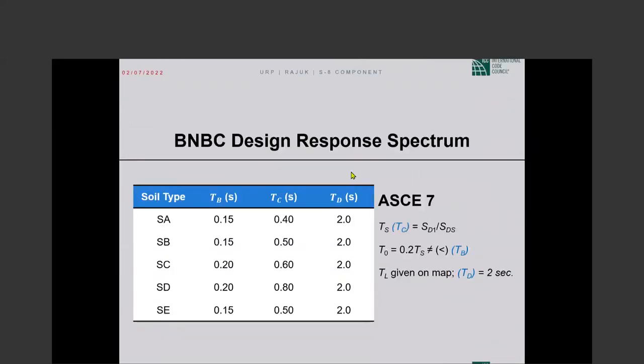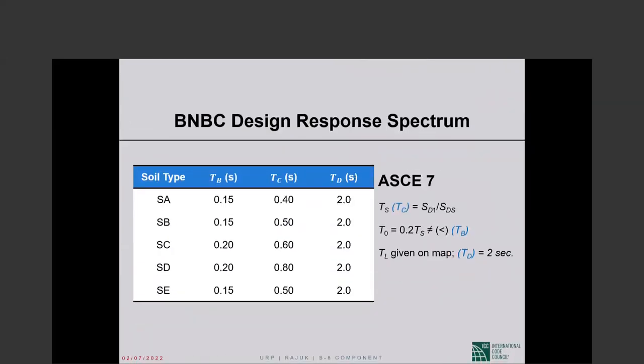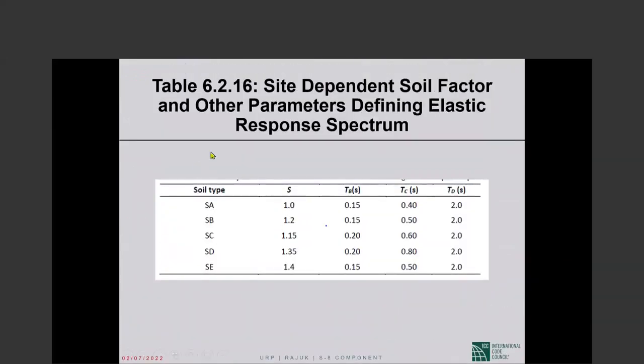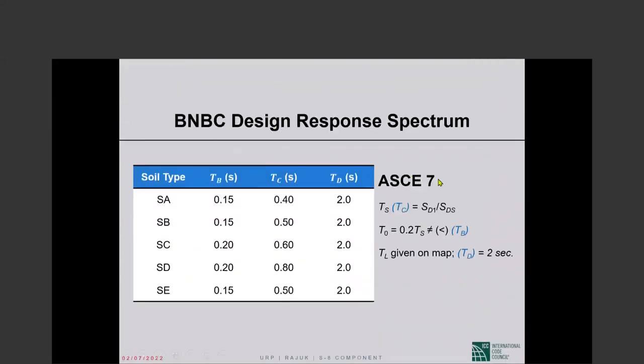Okay, no difference. We just dropped the soil column. You're looking at the same table. The point I'm making again here is that the T sub S and T sub C are the same. T sub C here is the same as T sub S of AC7.